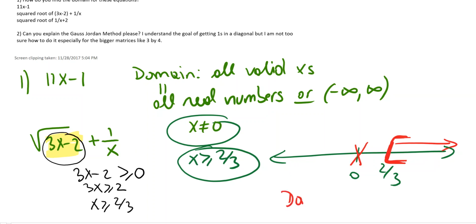So the domain has to be 2/3 to infinity, because infinity is here. Because it can't be something between 0 and 2/3, because that's not greater than 2/3. Okay? It has to be greater than 2/3 so that the quantity underneath the square root stays positive.